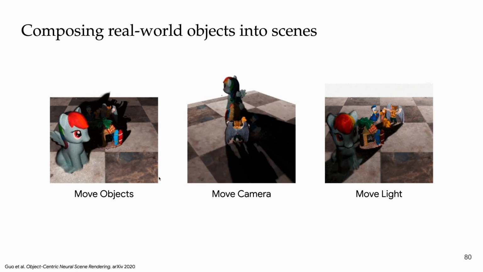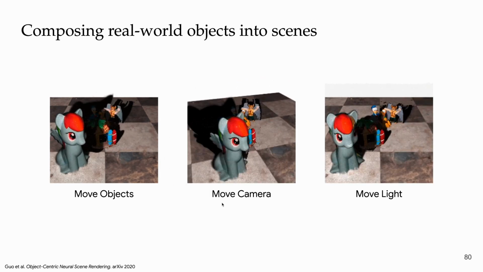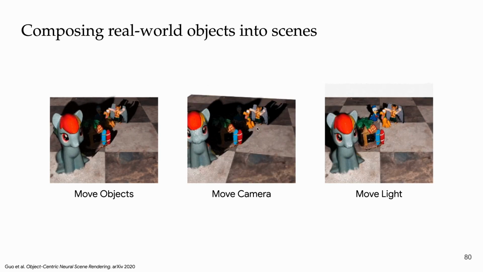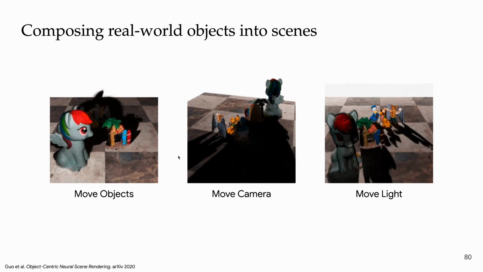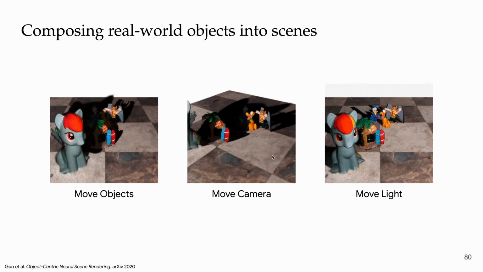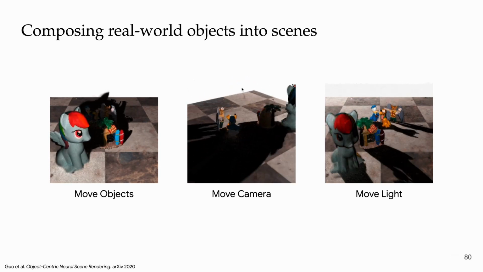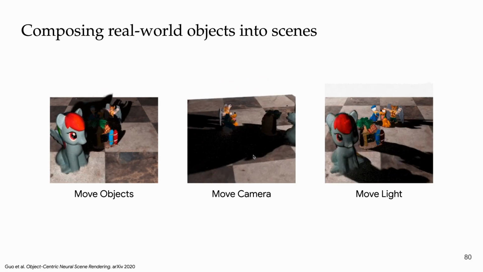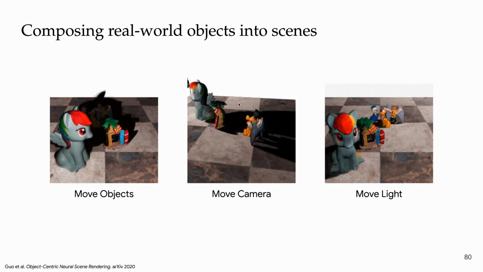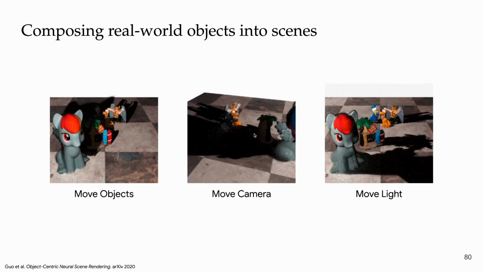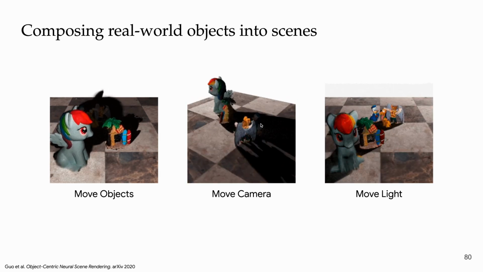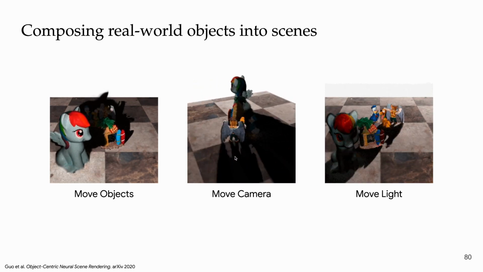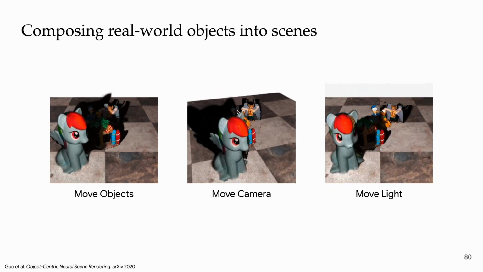You might notice that when objects are shadowed by another object, the objects are still not completely dark, and that's because of our inclusion of secondary rays that account for indirect illumination. The light from the ground is illuminating the objects, and that's why the objects don't look completely black.